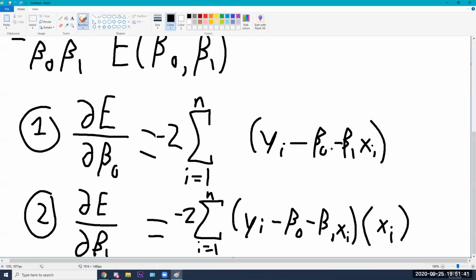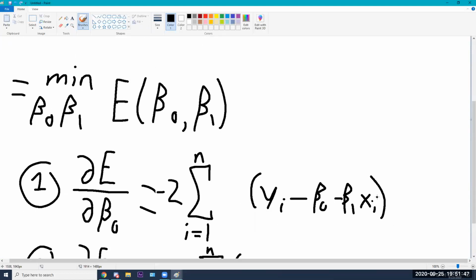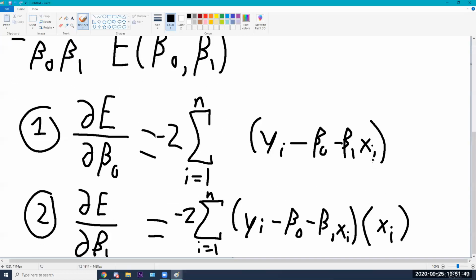And so if you take Calculus 1, then you probably remember something about finding maxima and minima.